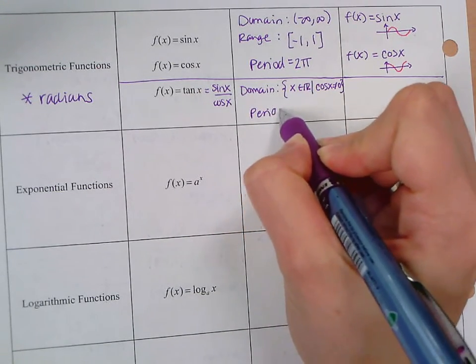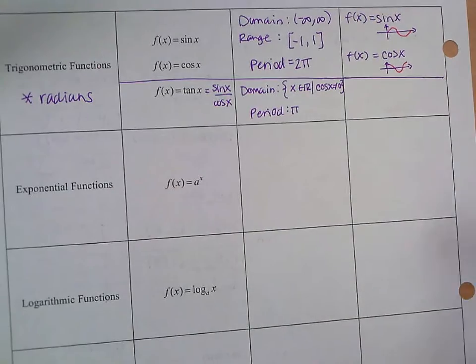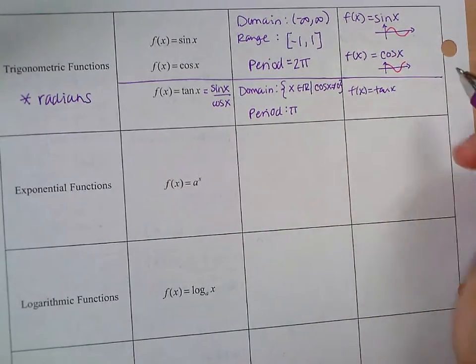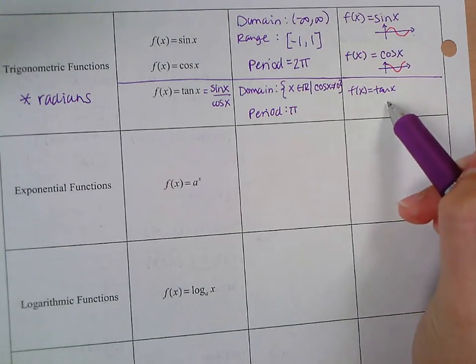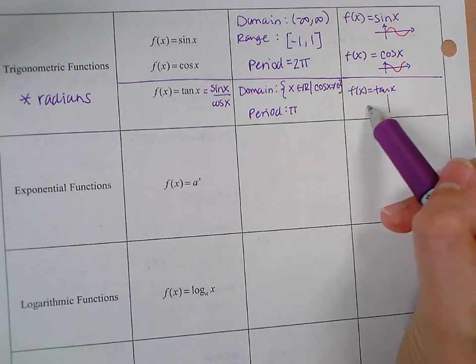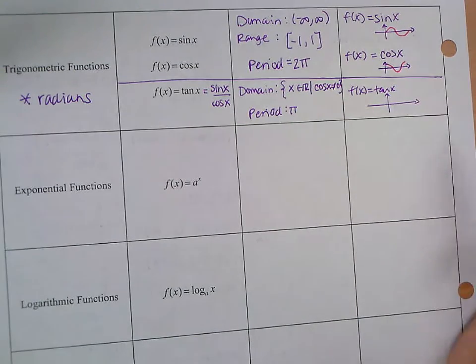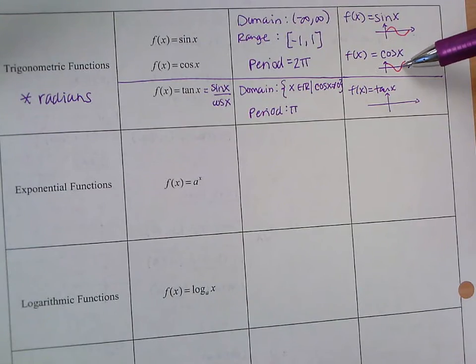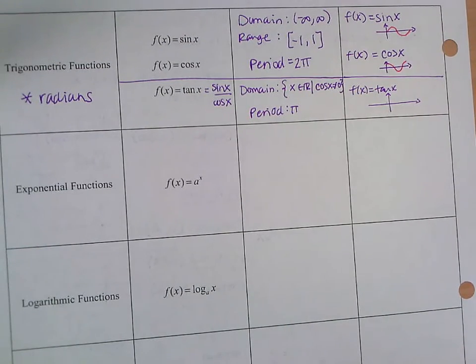It's just pi, yeah. So you may remember that tangent has a bunch of asymptotes for where cosine of x is 0. Tangent is undefined in all of those places. Even if we look at the graph of cosine, cosine of x is 0 first at pi over 2, and then again at 3 pi over 2, and then it continues every pi.